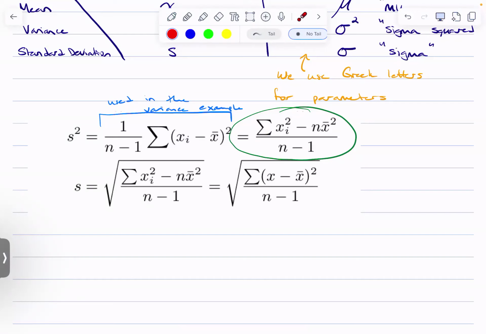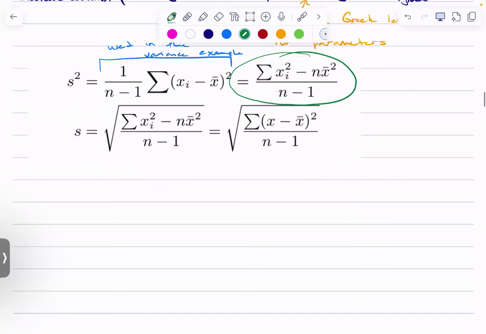That's the value that I'm hoping for you to have. Okay? And so here, s squared is the sum of the xi squared minus n times x bar squared all over n minus 1.